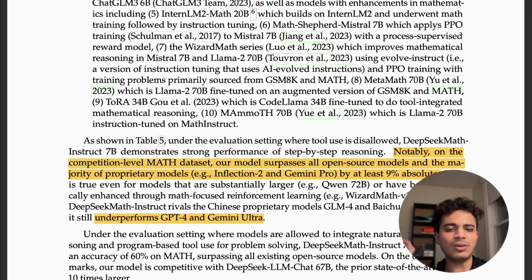Now, something important that I want to share here is that on the competition-level math dataset, our model surpasses all open source models, fine, and the majority of proprietary models. Yes, it performs much better than open source, but this time they are even competing with the closed source models.